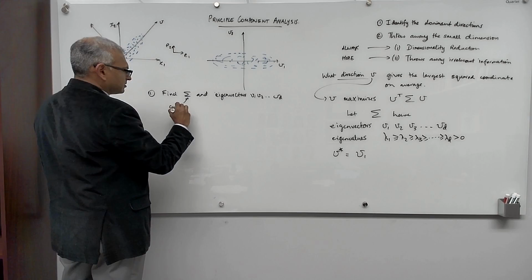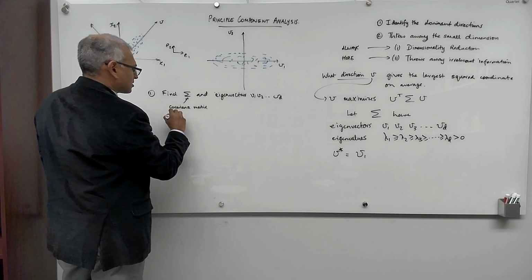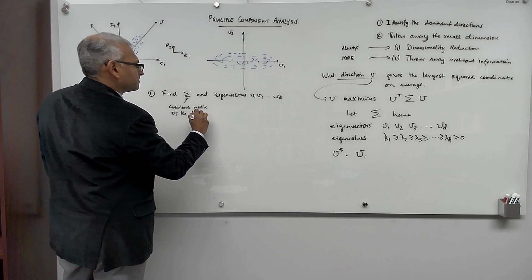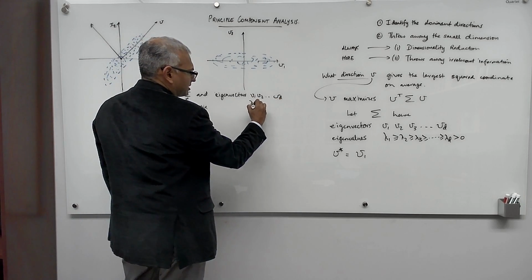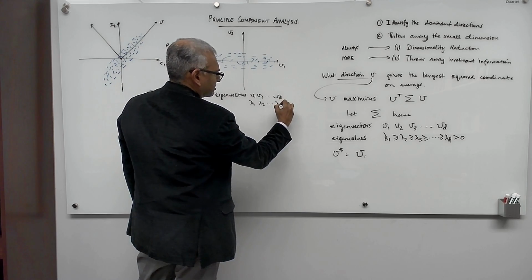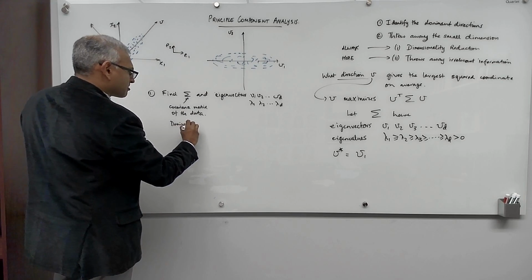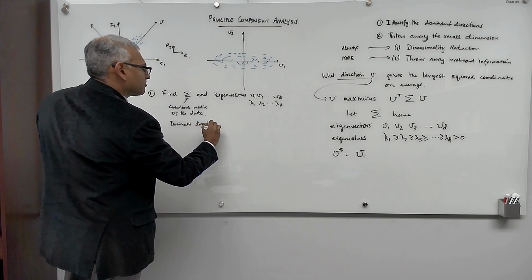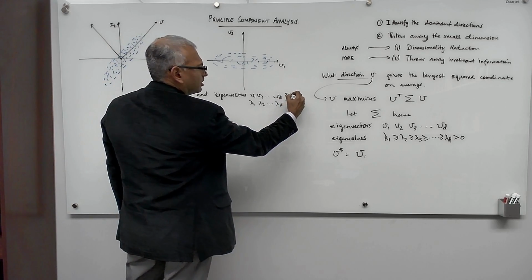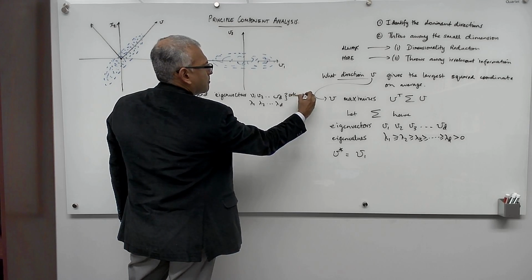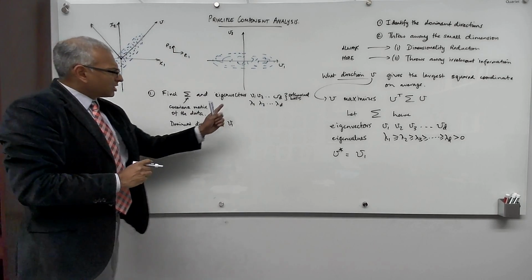It's the covariance matrix of the data. And these are in order of decreasing eigenvalues, so lambda 1, lambda 2, up to lambda sub d. The dominant direction is V1. And so this is an orthonormal basis.